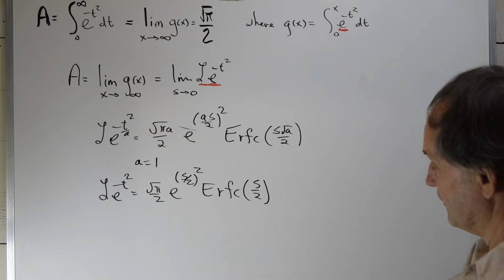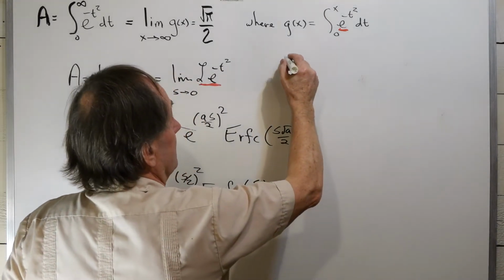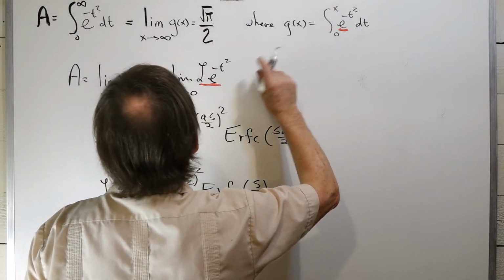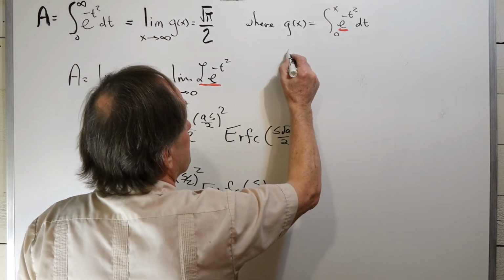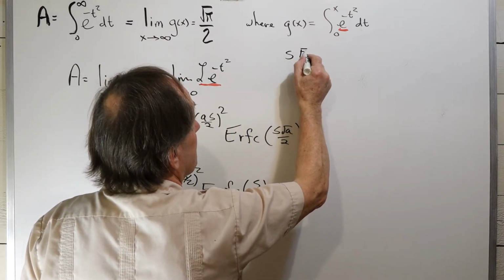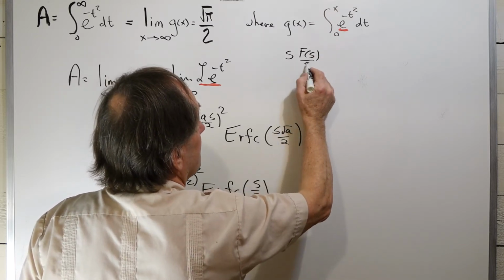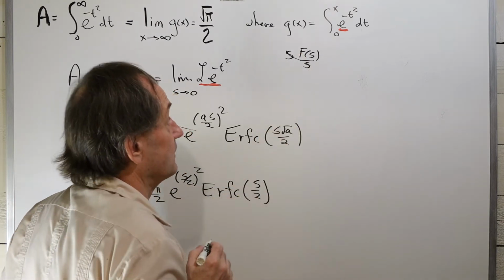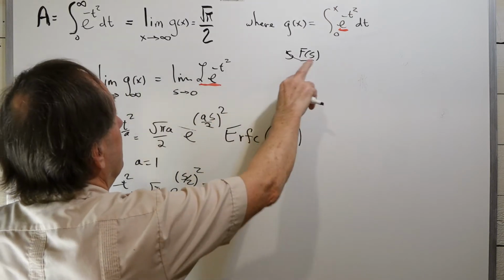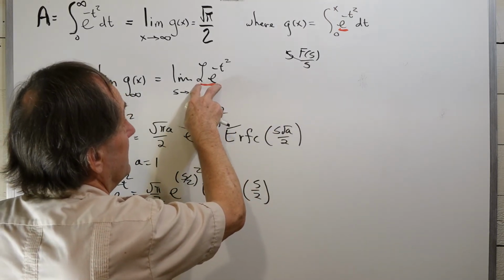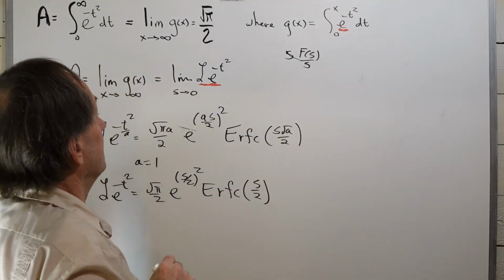And with the final value theorem, we had that the limit of g of x as x goes to infinity is just s times the Laplace transform of the integrand divided by s, and the s is cancelled. So it's just the limit of f of s, the Laplace transform of the integrand, as s goes to 0.